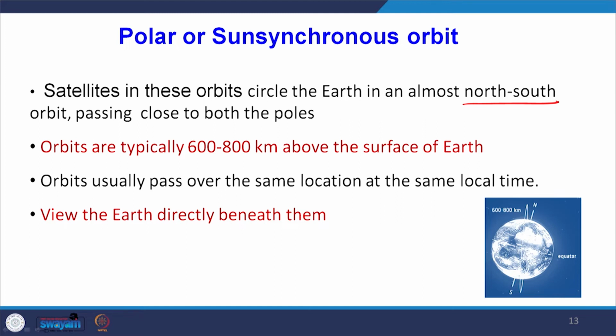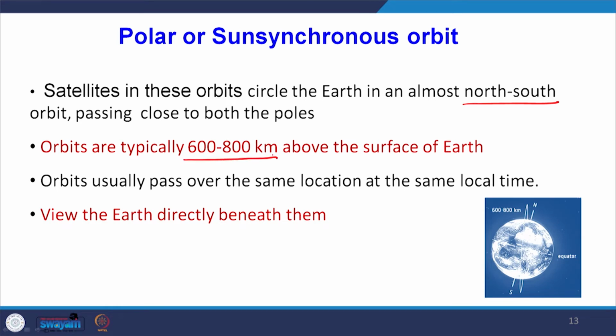So, we have to remember that when the satellite is moving from north to south, it is trying to take the images of that area because that is the sunlit part of the earth at that time. Now, the height of the orbit is varying and it is typically 600 to 800.